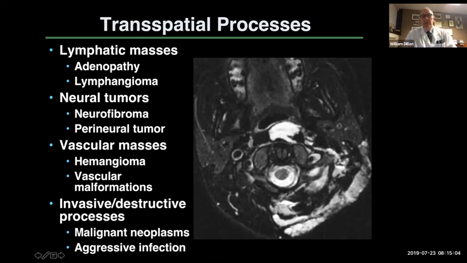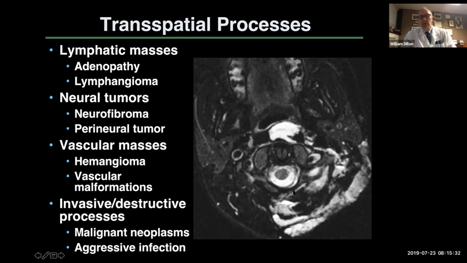And this can occur because of lesions that go through all the spaces, such as lymphangioma or neurofibroma that course along the nerves, that course through various spaces. We can see this sometimes with vascular lesions, vascular malformations, and hemangiomas, and very aggressive infections and neoplasms. So this is a partial list of so-called transspatial masses.